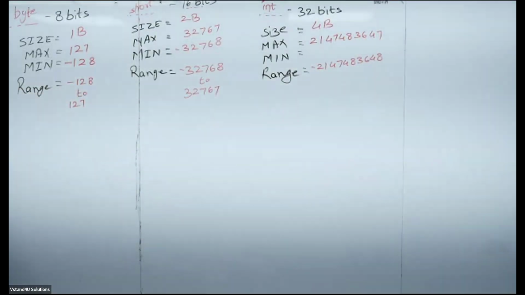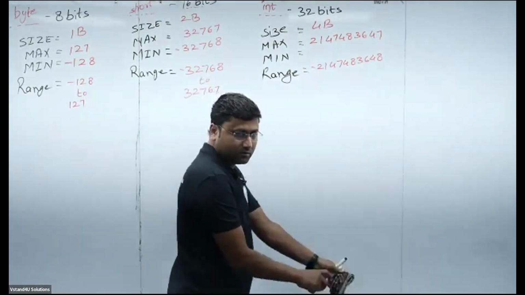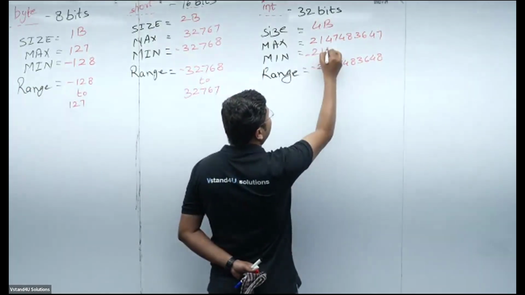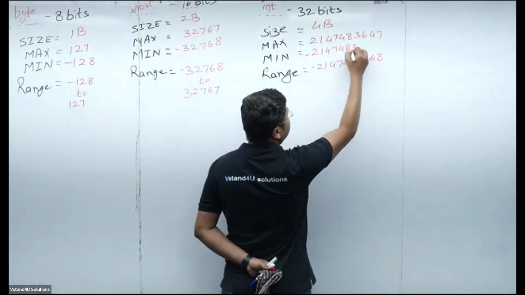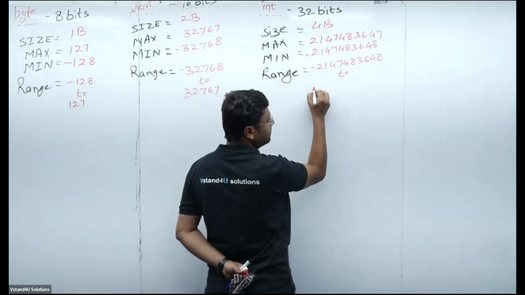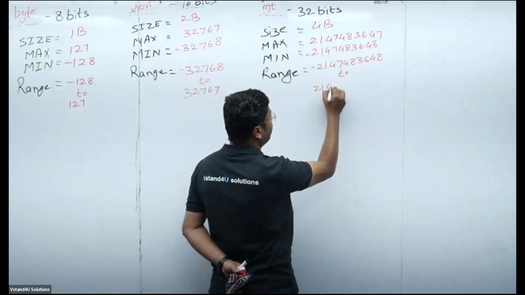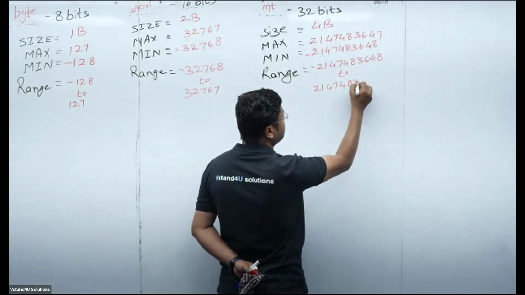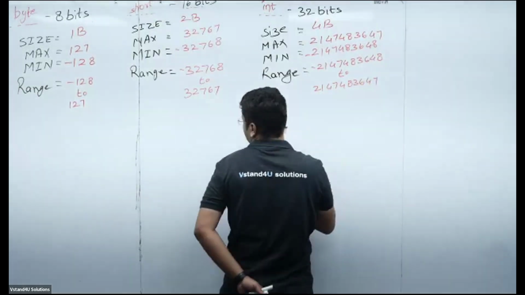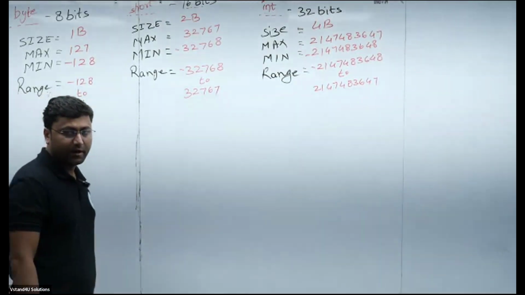This should be min value, typo. So range starts from here, right, it's correct. Minus 2147483648 to 2147483647. Am I right? Shall I proceed?